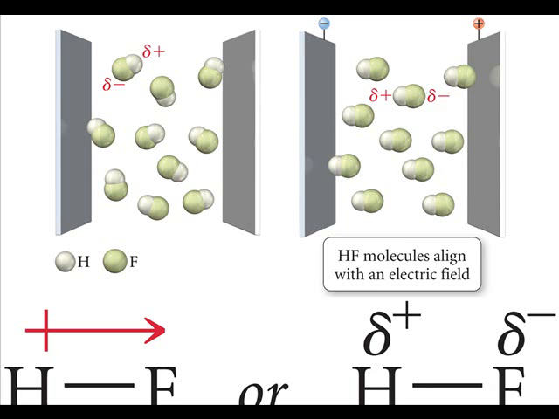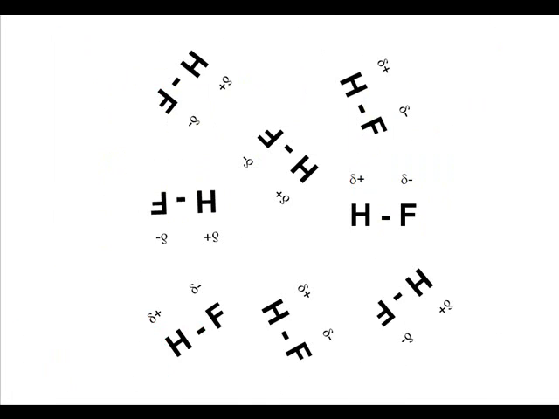On the left, we've got an arrangement of the hydrogen fluoride being everywhere. But when we put it in the plates, notice how everything lines up. What I mean by that is that you have all the polar positive regions facing the negative plate and all the polar negative regions facing the positive plate. Therefore, the HF molecule aligns.